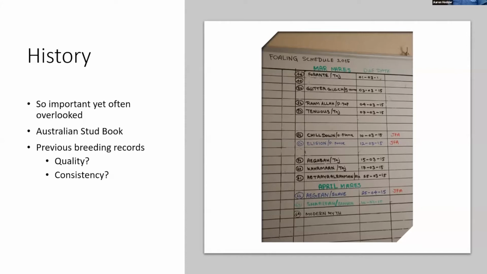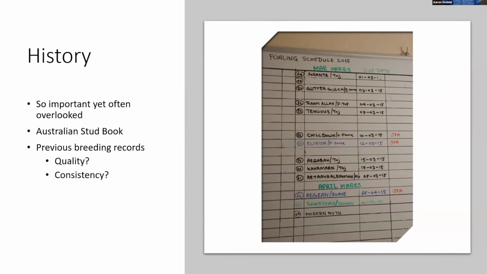So first, and in many respects, most importantly, is to look at the history of the mare. It's often overlooked, and yet it's so important. Again, you know, what one person considers a problem dry mare may not actually be a problem to another person. For those involved with thoroughbreds, the Australian Stud Book is a useful, but not necessarily perfect source of information.